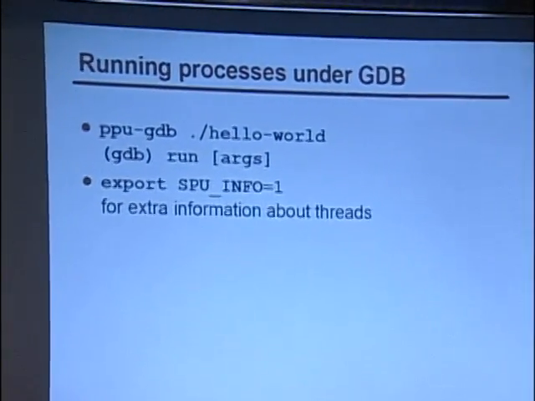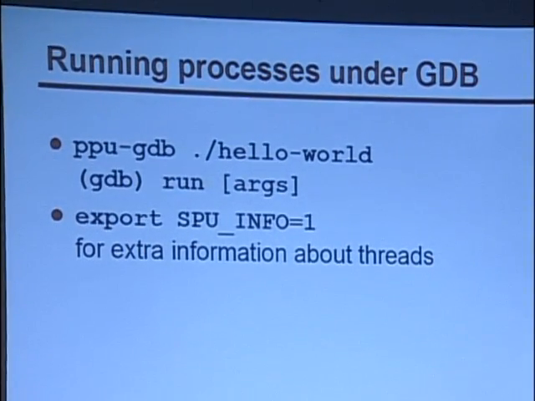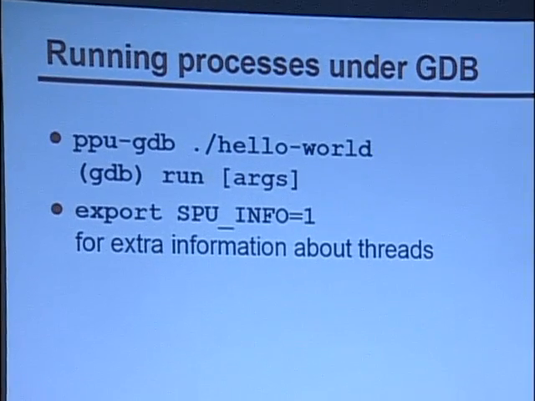Now, we have a special version of GDB available for our use on the Cell. PPU-GDB is used for debugging PPU and SPU programs after they've been linked together. How you invoke it, if you're going to run your entire program using GDB, is you type ppu-gdb and then the name of your program.